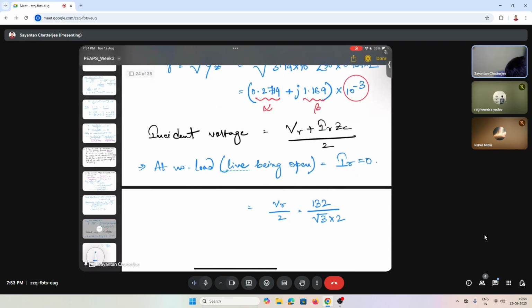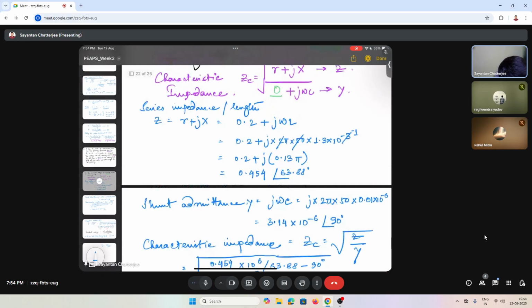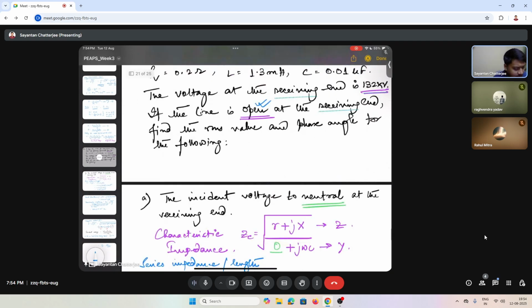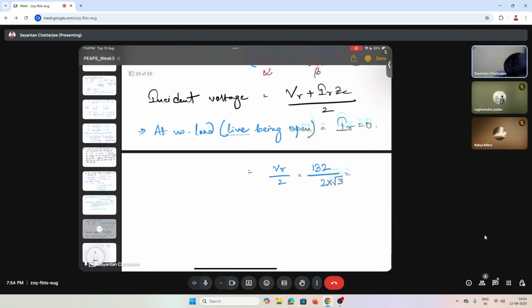We can keep it in line voltage. Yes, somewhere it was written, line to neutral is given. So divide by root 3 needs to be done.